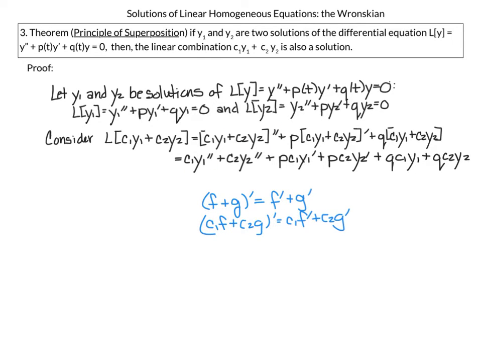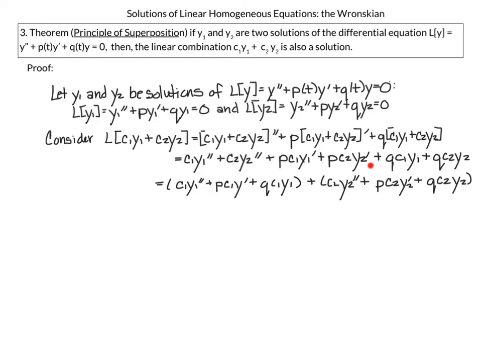In other words, if I have a function f plus a function g and I want to take its derivative, that's just equal to f prime plus g prime, and if I have constant coefficients in front, they just get carried along in front too. So that's exactly what we're doing here. We have a second derivative, or a first derivative, of two functions y1 and y2, so we can just take the second derivative of y1 and add the second derivative of y2. Similarly with the first derivative, and the constants just get carried in front.